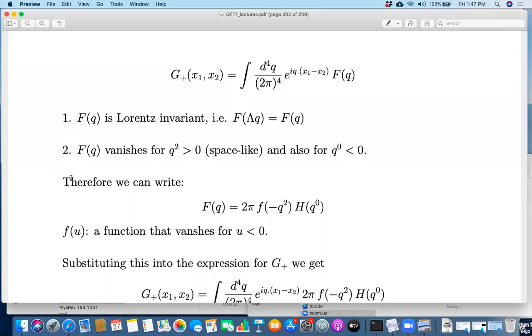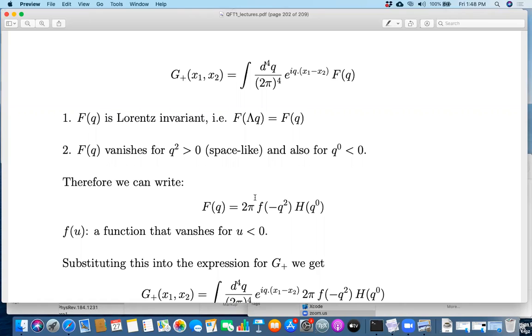So using these two properties, we can write an expression for f of q, which I have given here. The 2 pi is just a normalization; this is purely a matter of convention. We'll see why I have introduced this 2 pi. And then we are saying that f of q must be a function of minus q square because it is Lorentz invariant, so it should be a function of q square only.